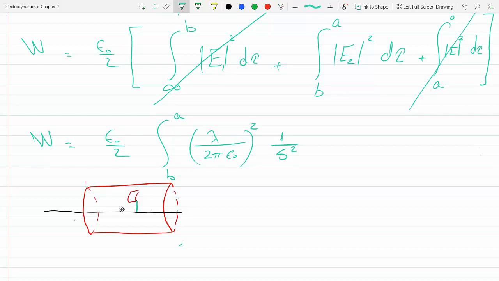Hold on 1 second. I want to see something here. I just want to confirm. This picture is not doing it. Does she have the cylindrical coordinates here? Probably not.